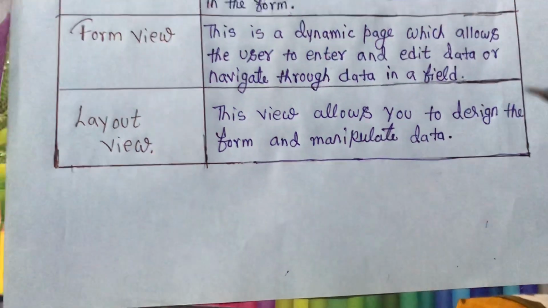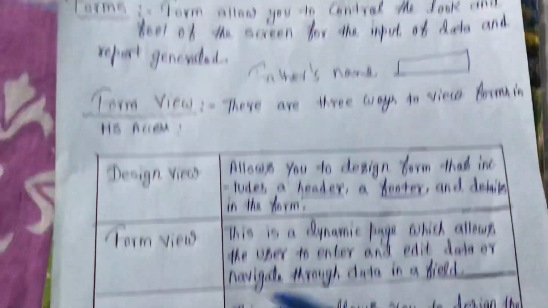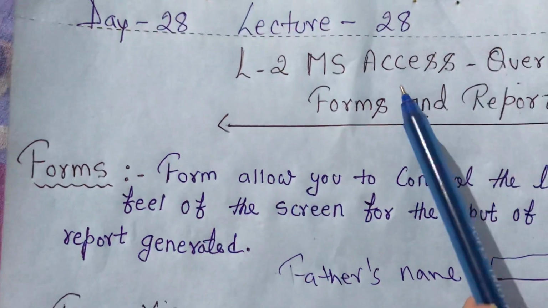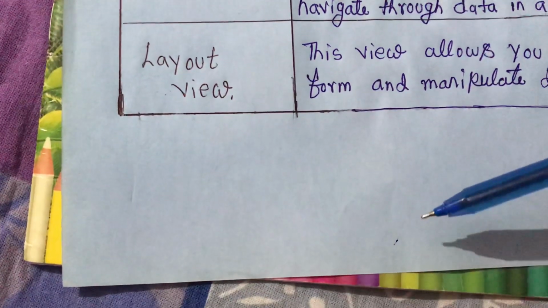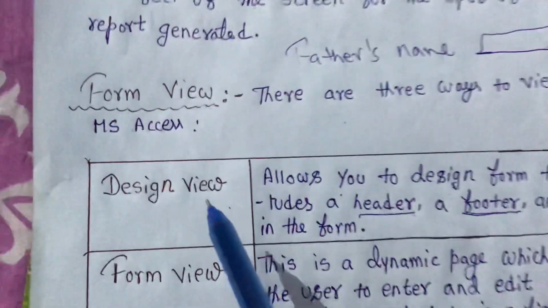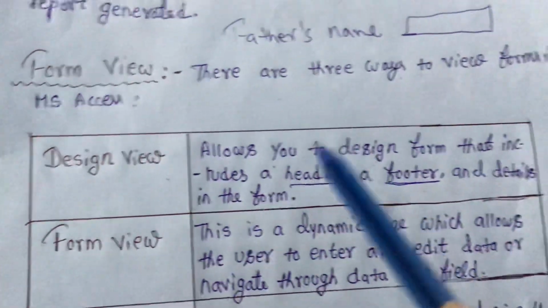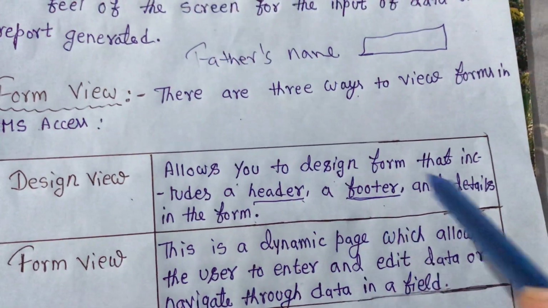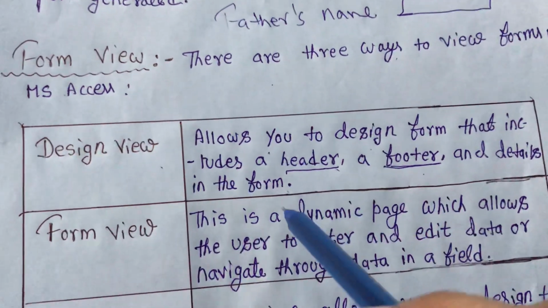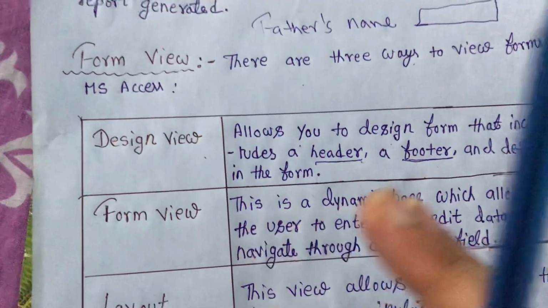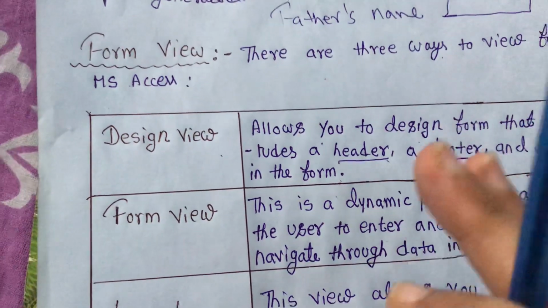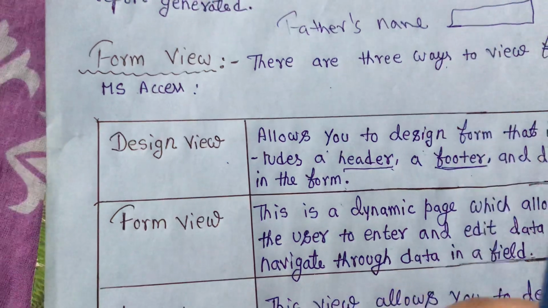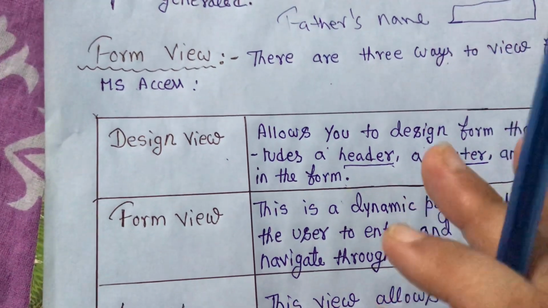So the entries added at the top of the screen are known as the header, and the entries that we include at the bottom of the page are known as the footer. So design view gives us both the facility of header and footer and details in the form.